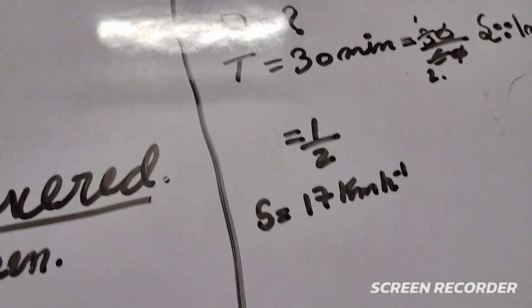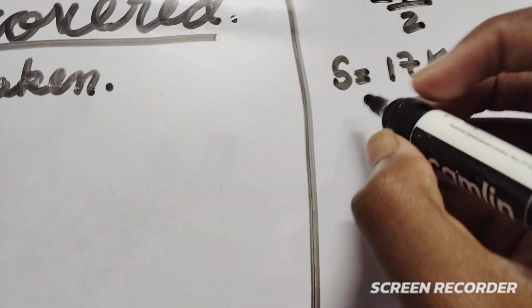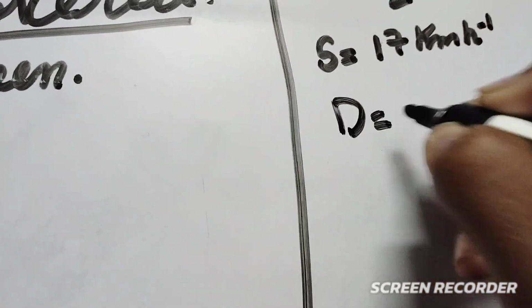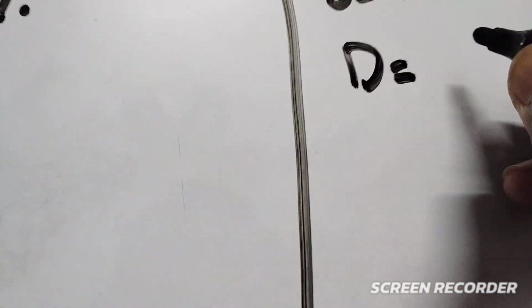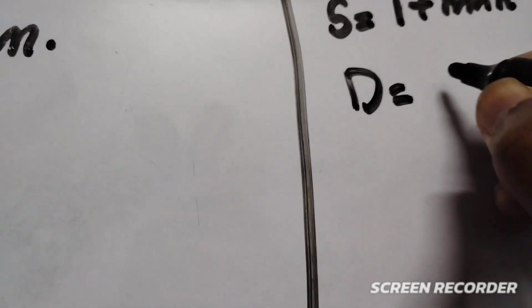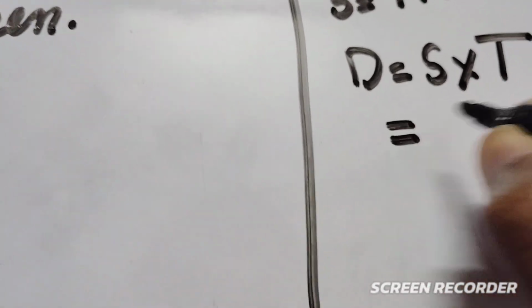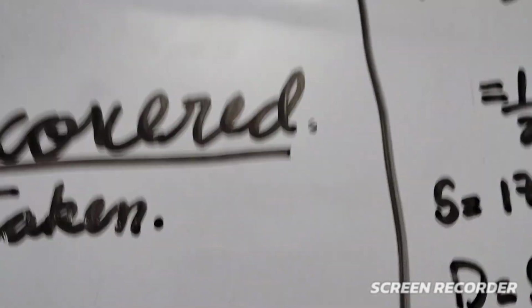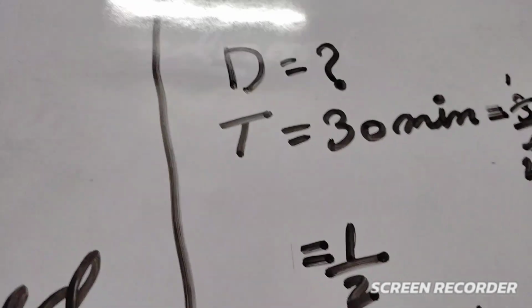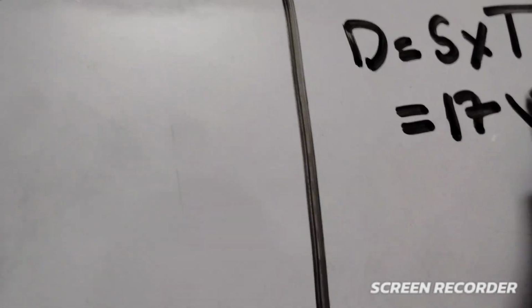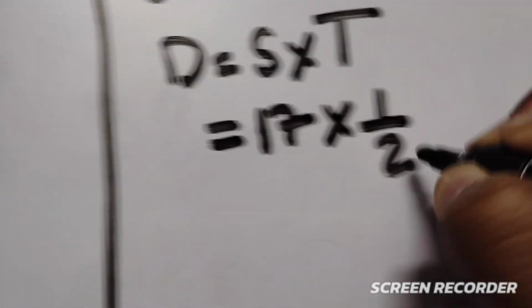So the formula for finding out the distance is distance equals speed into time. So it equals speed is 17, and the time is 1 upon 2, into 1 upon 2.